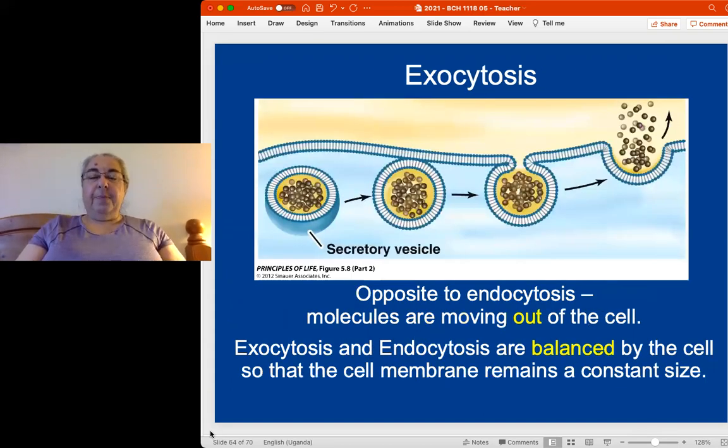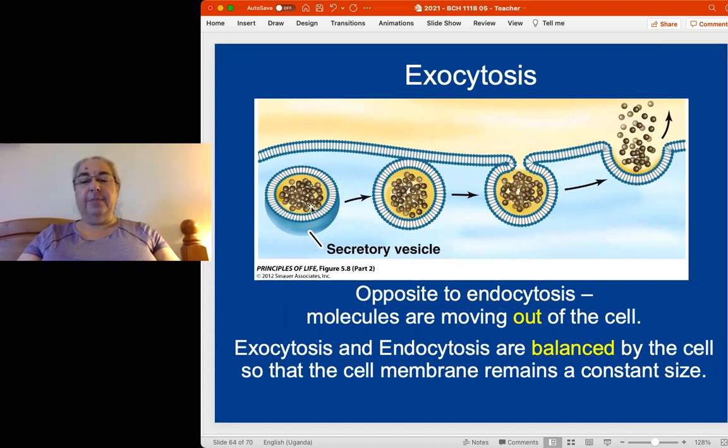So the opposite process to endocytosis is exocytosis. And here we've got exactly the same thing happening, but in the opposite direction. So here we have a secretory vesicle. So this is a vesicle containing something that's been made by the cell, but needs to be released outside the cell.